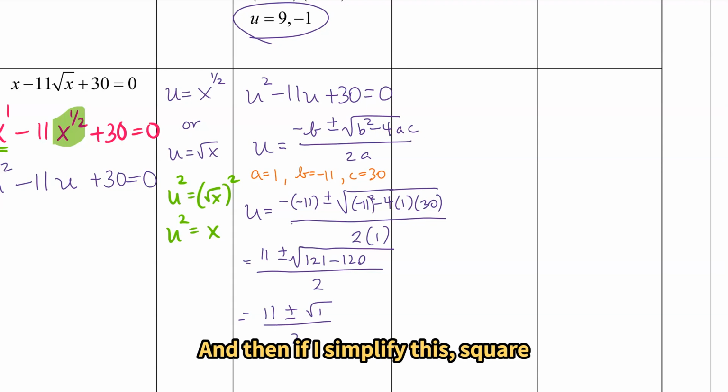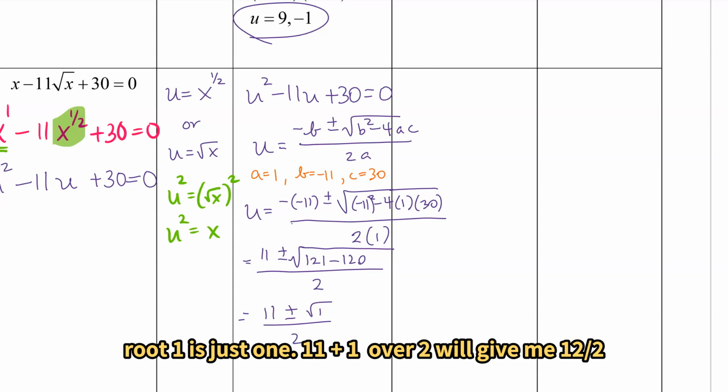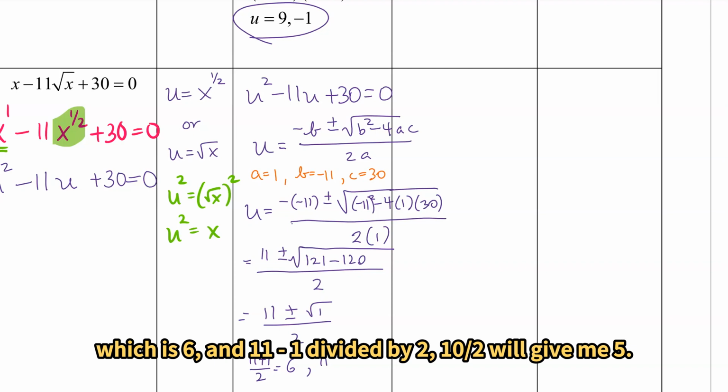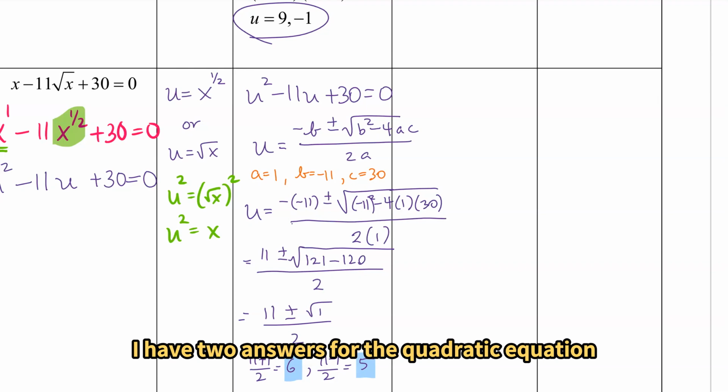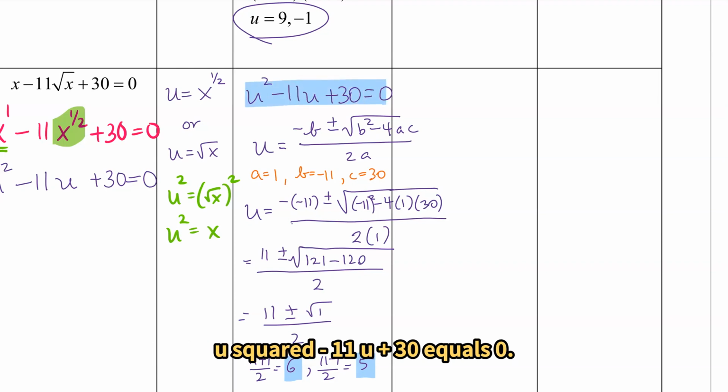And then if I simplify this, square root 1 is just 1. 11 plus 1 over 2 will give me 12 over 2, which is 6. And 11 minus 1 divided by 2, 10 divided by 2, will give me 5. So I have two answers for the quadratic equation, u squared minus 11u plus 30 equals 0.